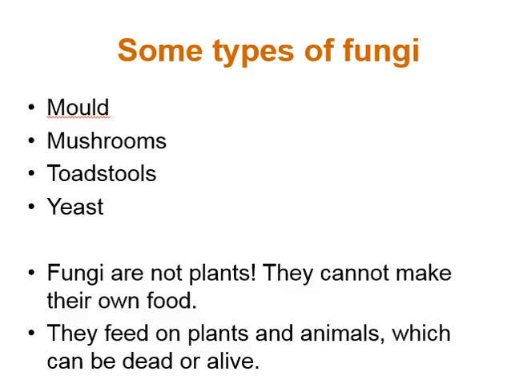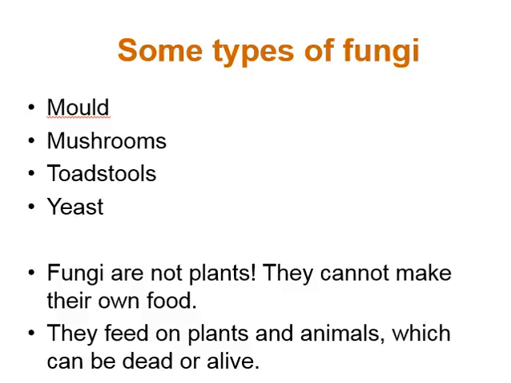Okay, so fungi do not make their own food. Most fungi get the food from animal waste and dead matter. Though there are some fungi that also attack living organisms, they don't make their own food. They have to get their food from other organisms. Okay, that's a very important thing to note.